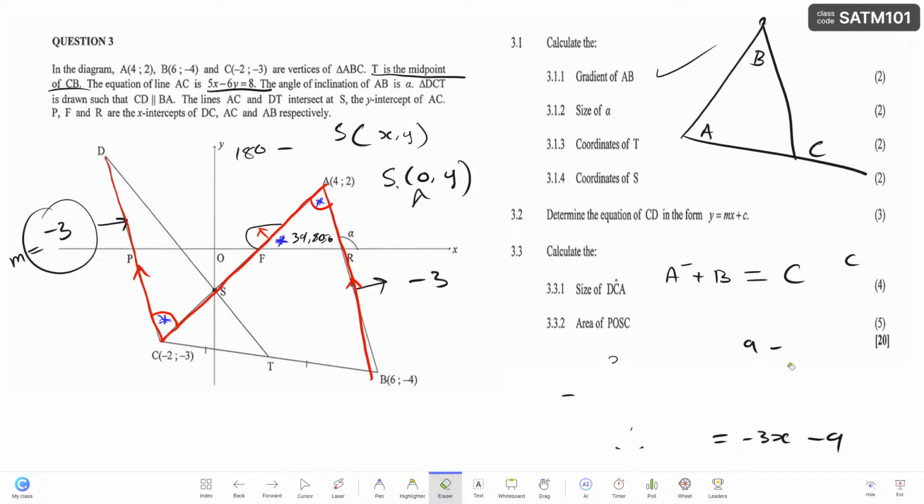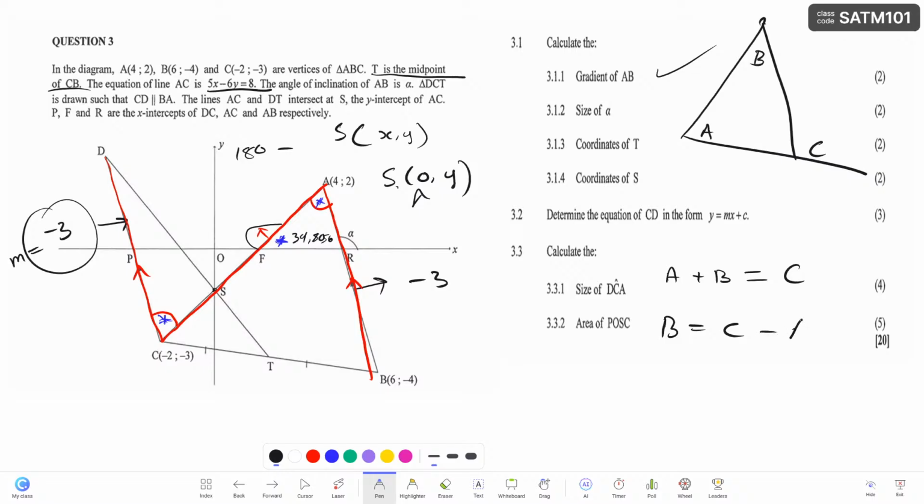So in order to get B, we are going to say B is equal to C minus A.